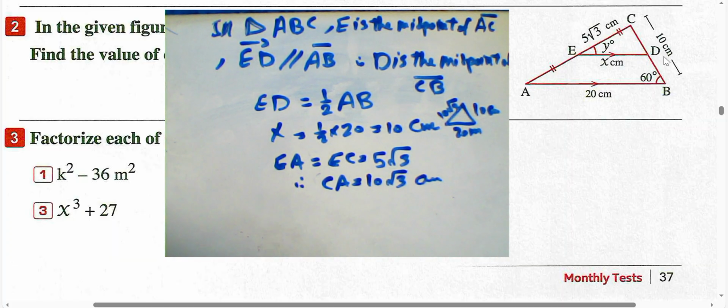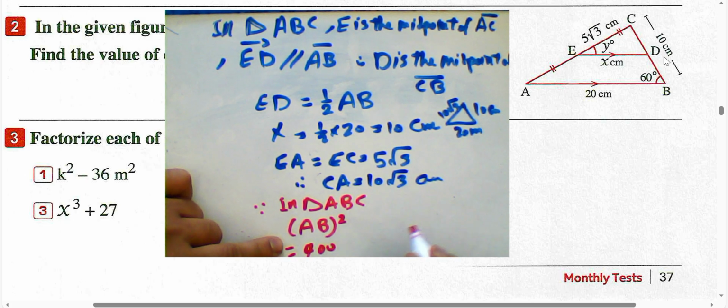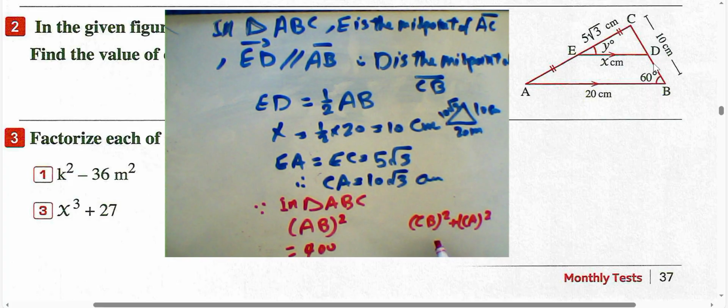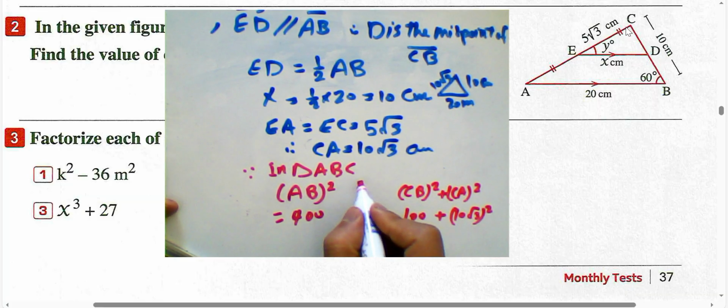How is this? First step, we can write such that in triangle ABC, we have AP power 2 equal 20 power 2, it will be 400, and we have CP power 2 plus CA power 2 equal, look here, CB was 10 power 2 is 100, and this line segment 10 root 3 power 2, it will be 300, plus 100 equals 400.